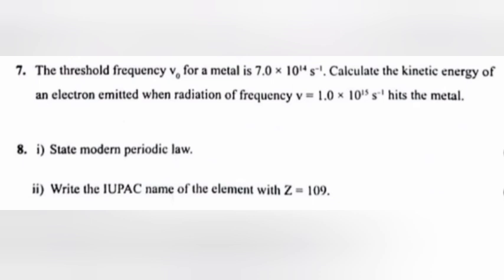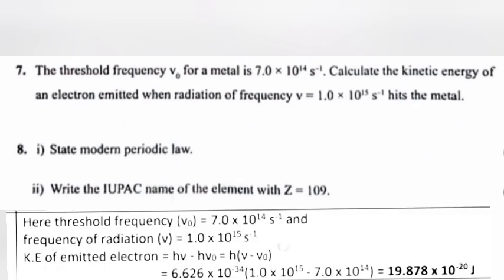7. The threshold frequency ν0 for a metal is 7.0 × 10^14 s^-1. Calculate the kinetic energy of an electron emitted when radiation of frequency ν = 1.0 × 10^15 s^-1 hits the metal. Answer: here, threshold frequency ν0 = 7.0 × 10^14 s^-1 and frequency of radiation ν = 1.0 × 10^15 s^-1.